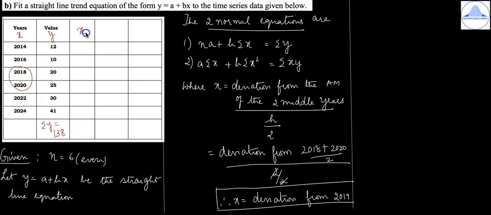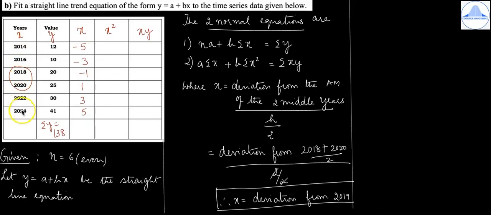Next we'll form the columns x, x square and xy. So x now is deviation from 2019. So 2014 minus 2019 will be minus 5. 2016 minus 2019 will be minus 3. Then you'll get minus 1, 1, 3 and 5.